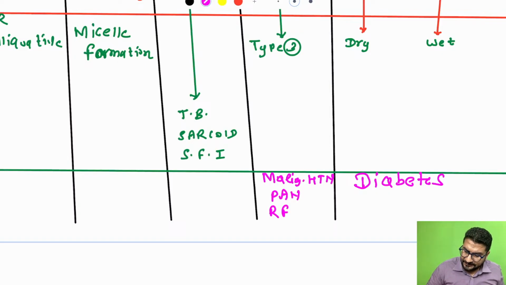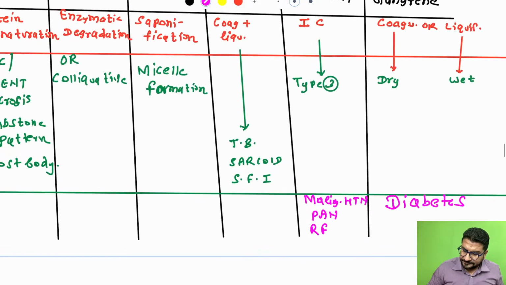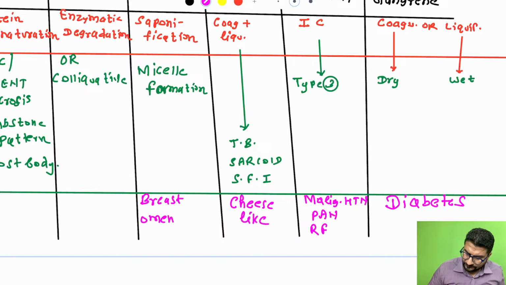Caseous का हमने ऊपर लिख लिया था. This is something which you have to remember in caseous. And remember the necrosis pattern will be cheese like. Fat necrosis you will see where? In breast, omentum and peripancreatic fatty area.